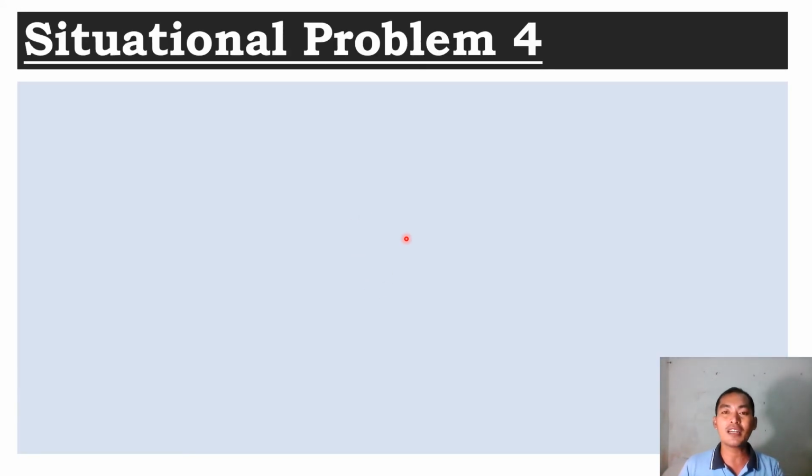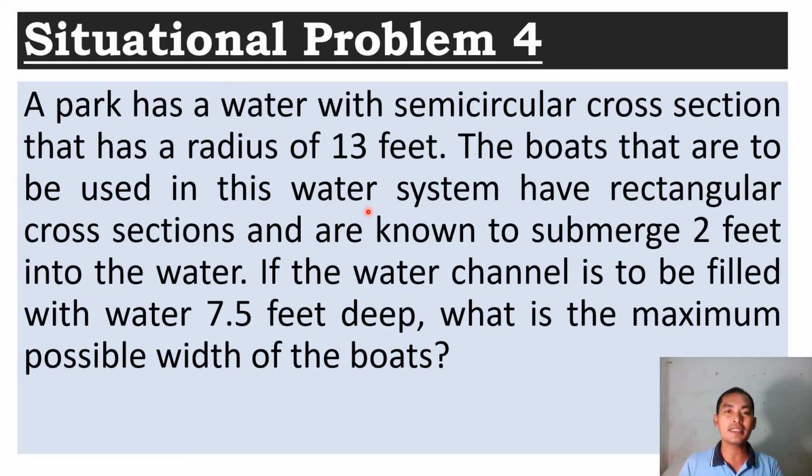Another situational problem. This is the last problem. So, it's also another problem sa park naman. A park has a water channel with semicircular cross-section that has a radius of 13 feet. The boats that are to be used in this water system have rectangular cross-sections and are known to submerge 2 feet into the water.